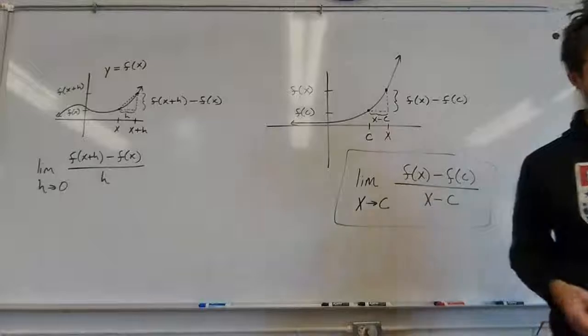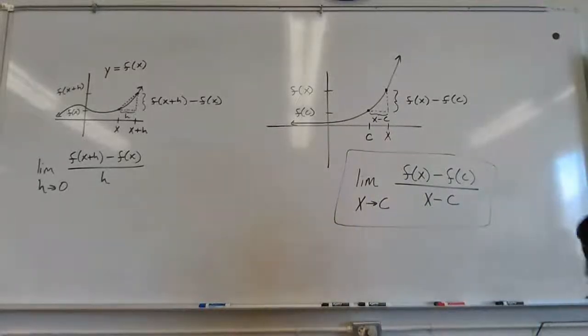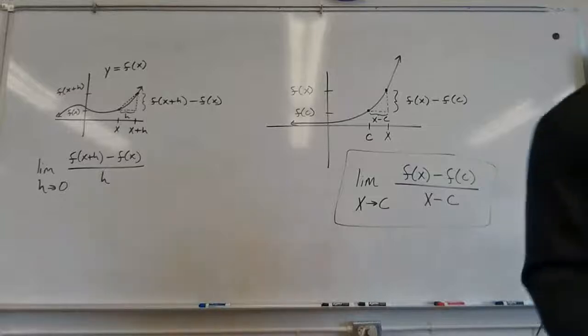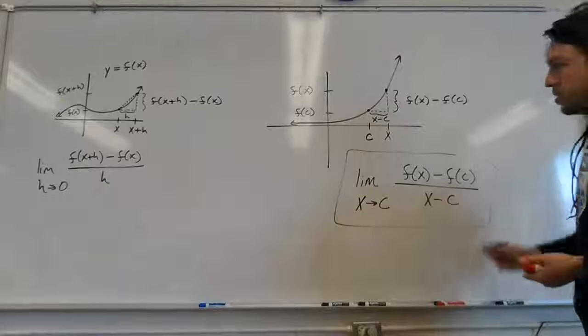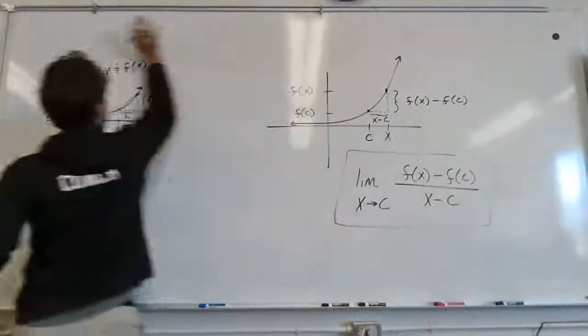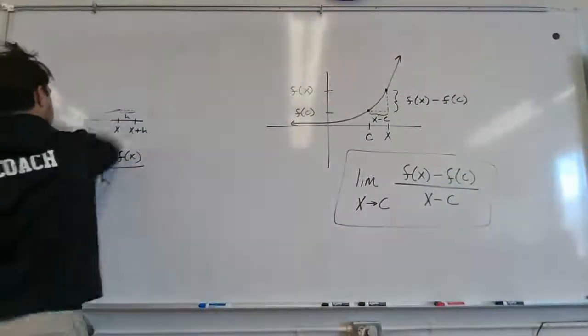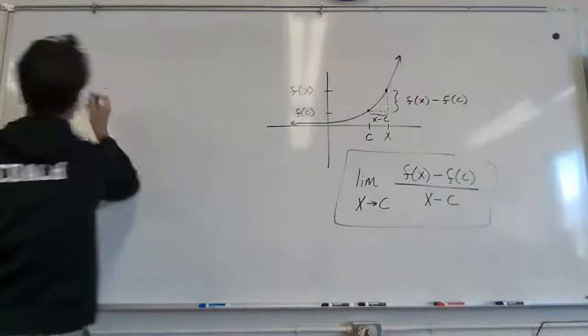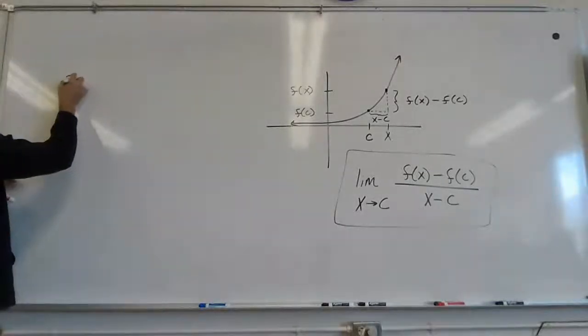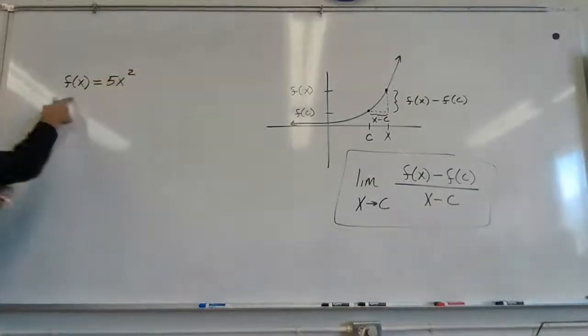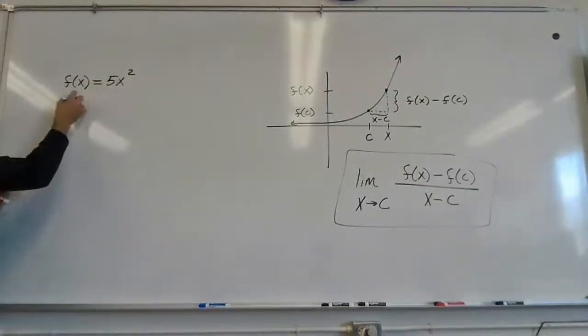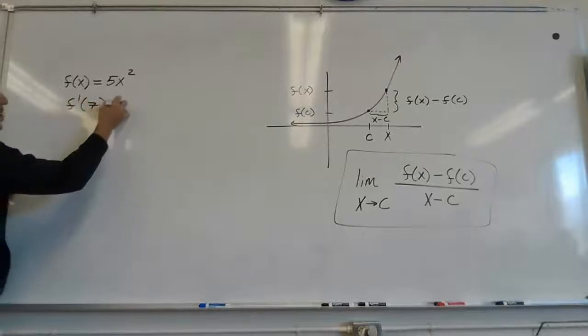As a quick example, the bell might ring, but for 22, we've got time to set up 22. Notice they give you a function. By the way, we already know the answer to this one. It's asking what's the derivative at 7?